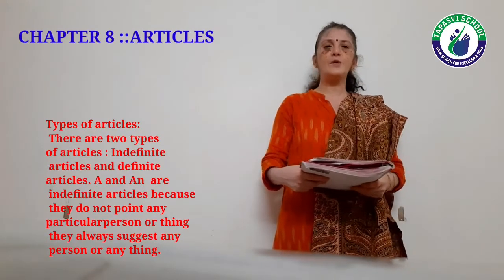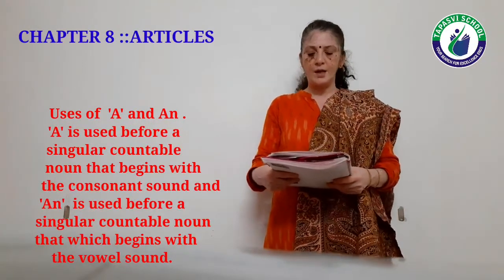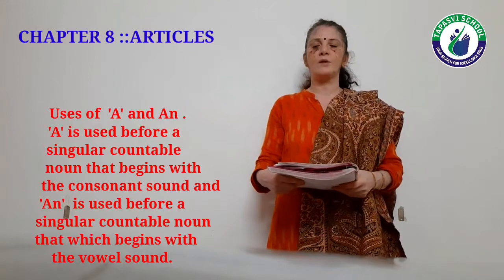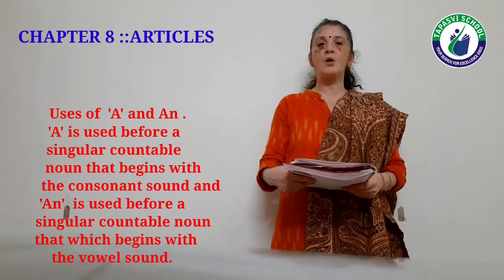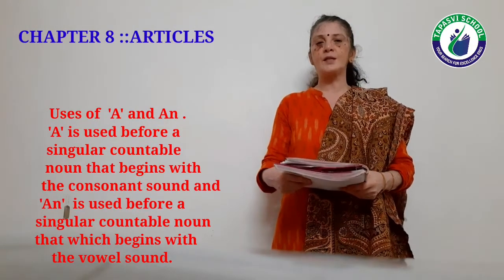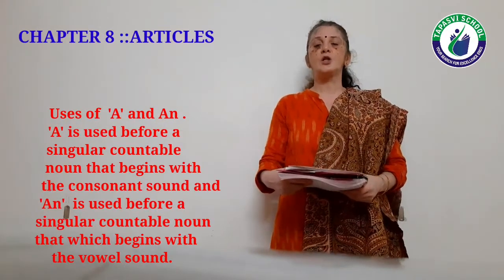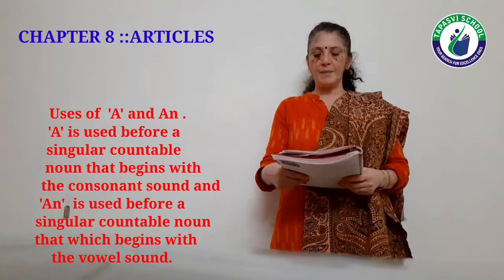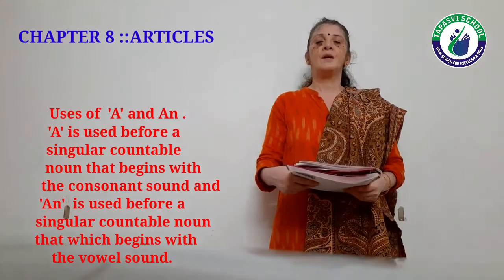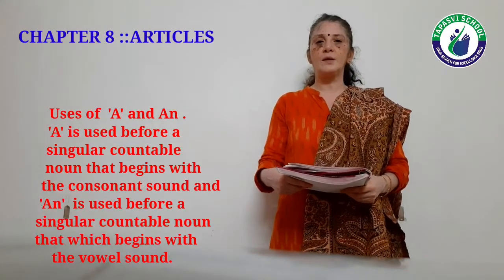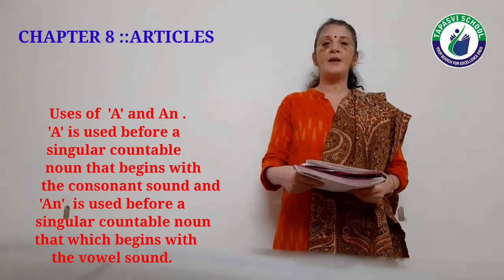A is used before a singular countable noun that begins with a consonant sound. For example, a man, a baby, a European, a university. There are 26 letters, out of which 21 are consonants and 5 are vowels.